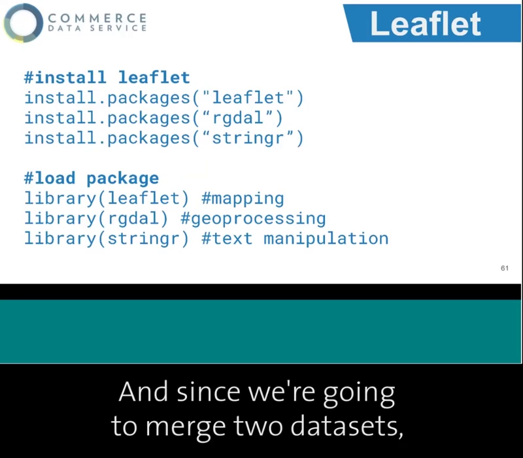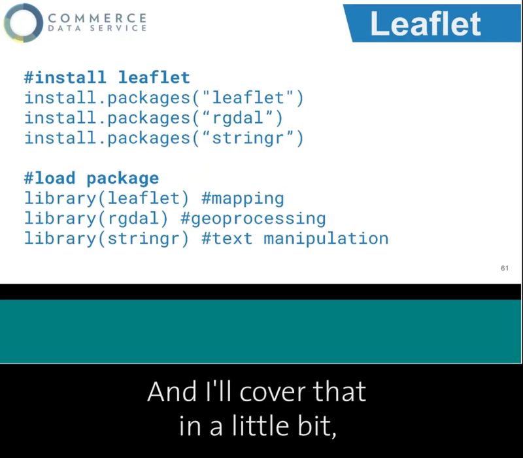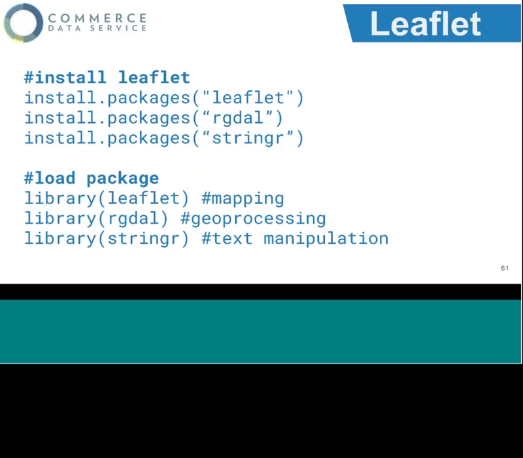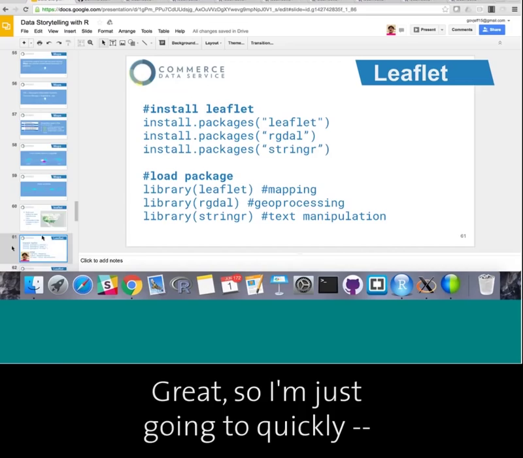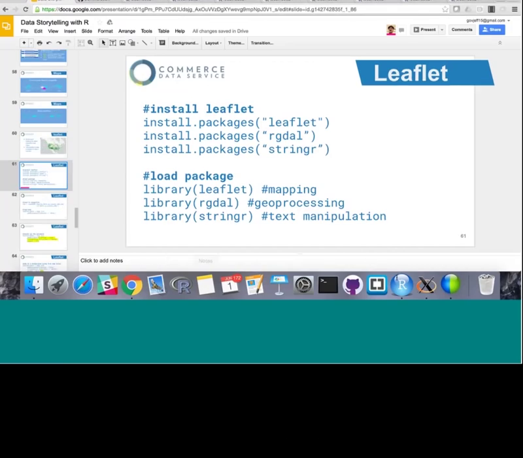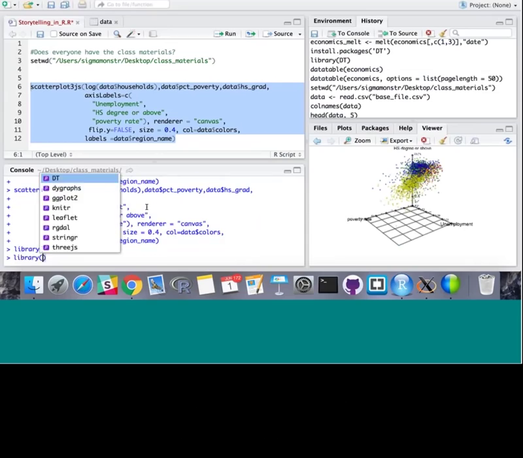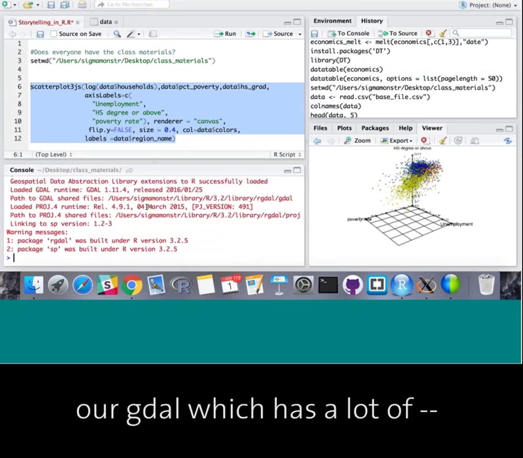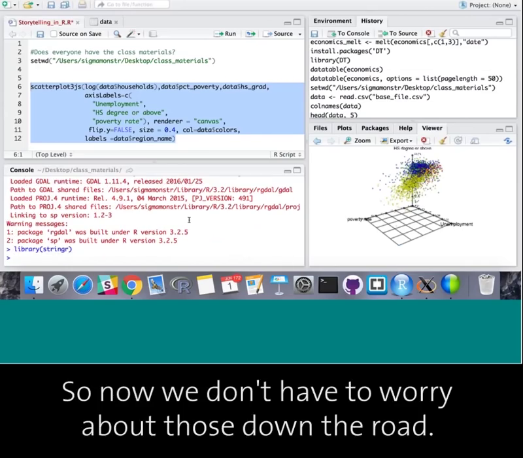And since we're going to merge 2 data sets, we need to do a little bit of formatting, and I'll cover that in a little bit, but we'll use the stringr package. Great, so I'm just going to quickly include leaflet, rgdal, and stringr. So now we don't have to worry about those down the road.